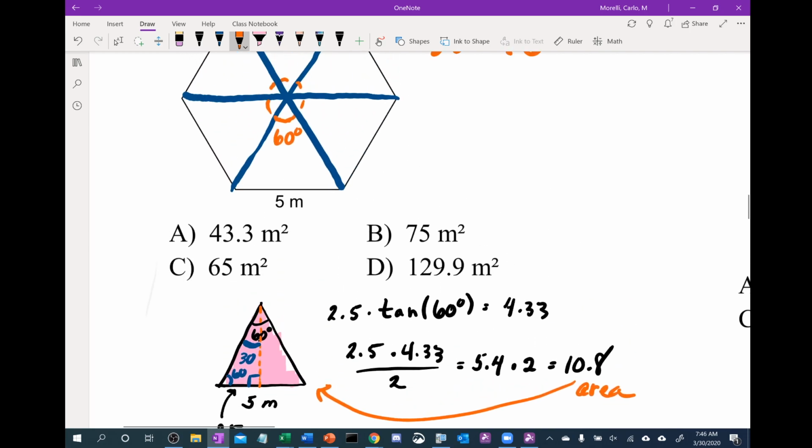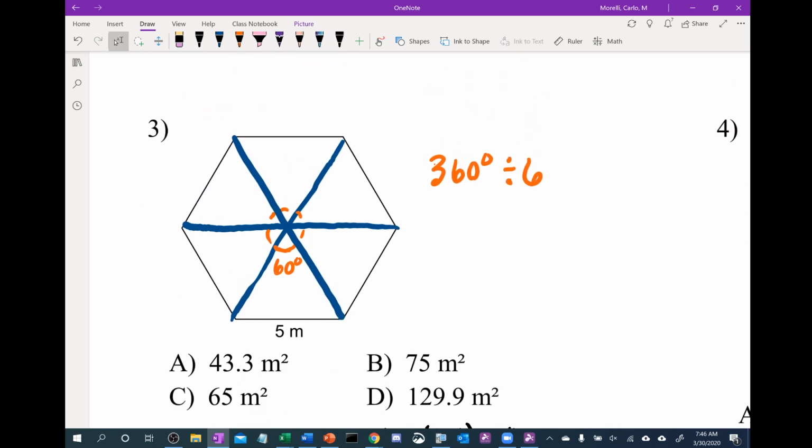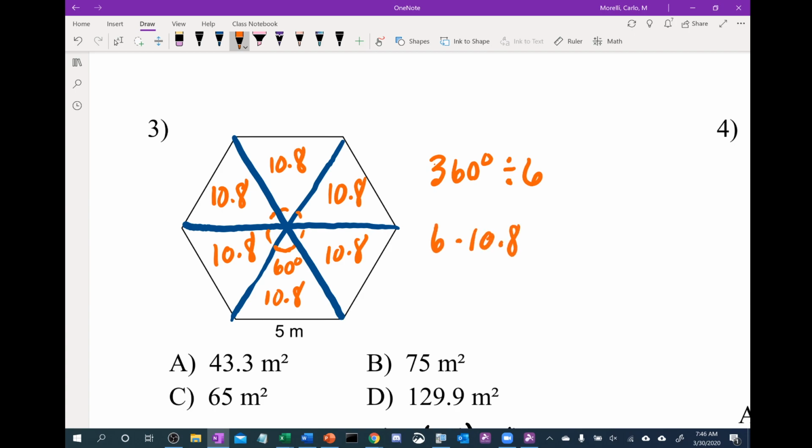Now, bring that back up into this picture. The area here is 10.8. And that means that all these other areas are 10.8. Just like that. So the total area of the hexagon is 6 times 10.8, or thereabouts.